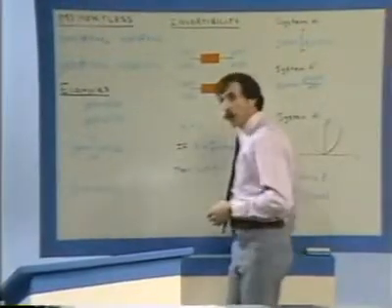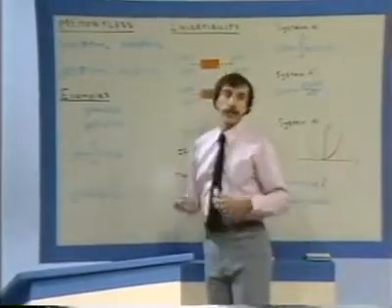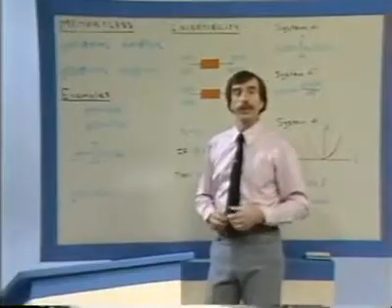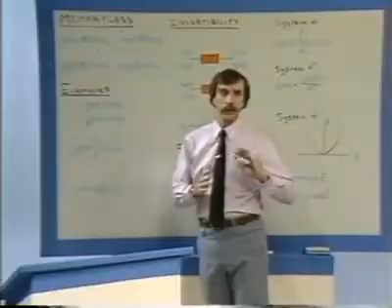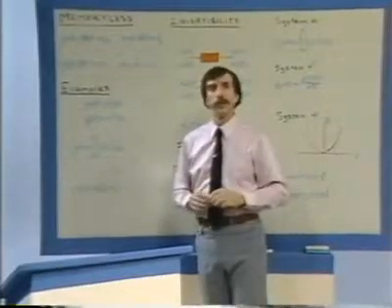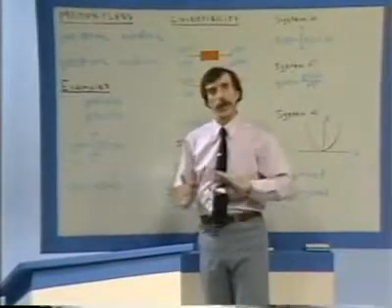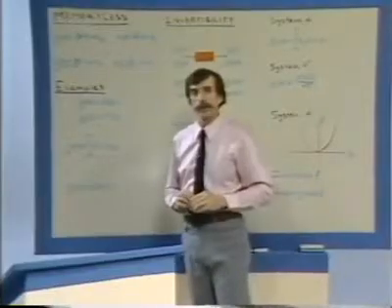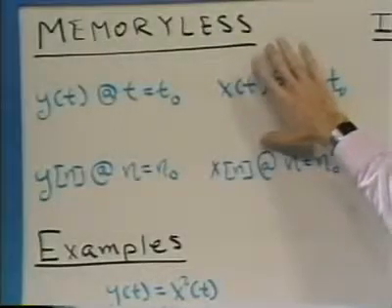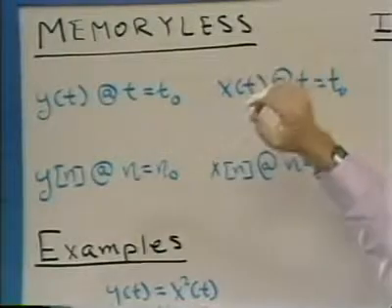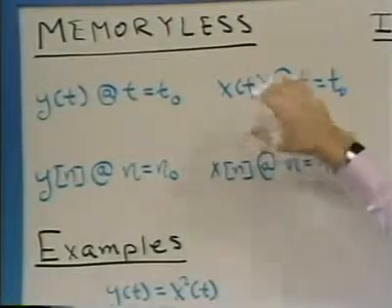Some of them we'll want to impose on a system. Some of them we may not want to impose on a system. But as things progress, we'll tend to find it useful to ask whether a system does or doesn't have a certain property.